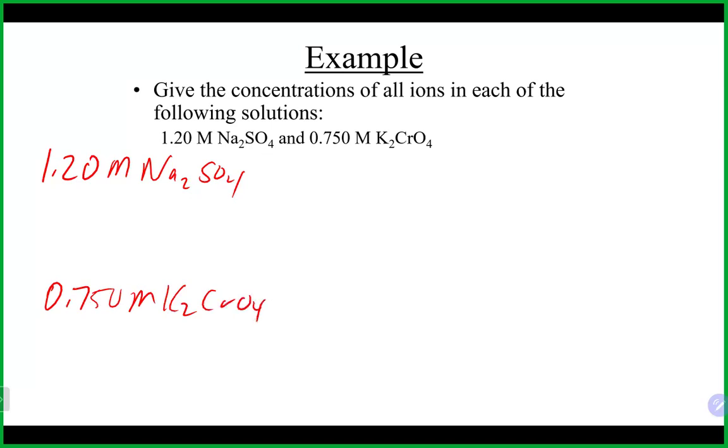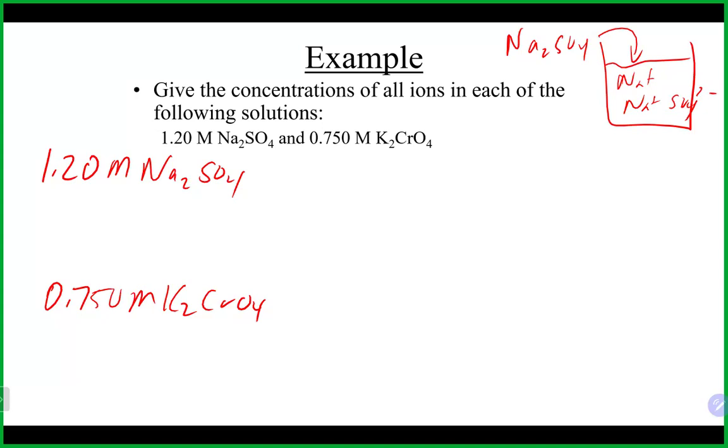Again, remember that sometimes we may not be interested in the concentration of the whole ionic compound, but in the concentration of the ions floating around in that solution. Because they are ionic, they are going to be a strong electrolyte, which means if you put sodium sulfate in, you're going to get a couple of sodium ions and a sulfate ion floating around in that solution.